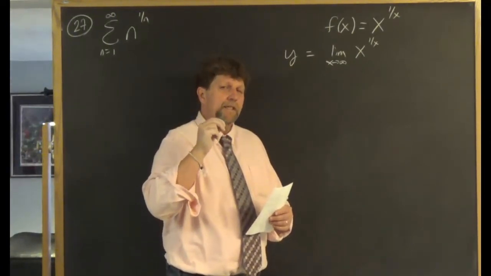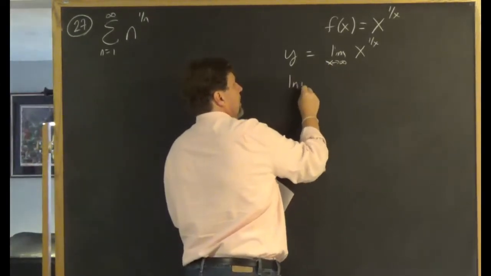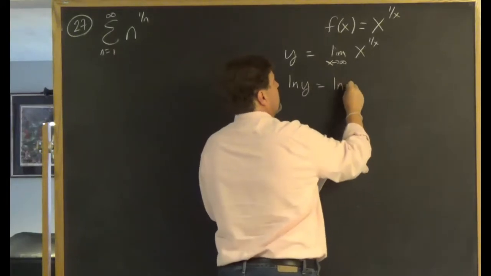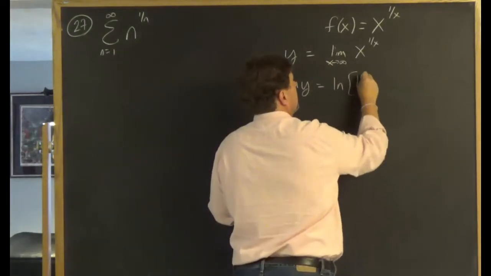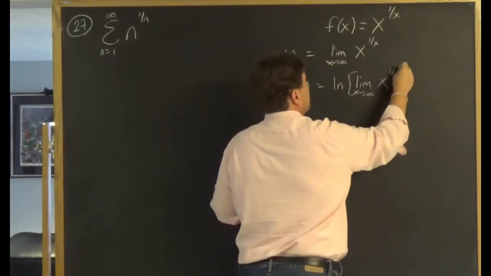Then the key was to take the natural log of both sides of this equation. So you have the natural log of y equals the natural log of the limit as x goes to infinity of x to the 1 over x.